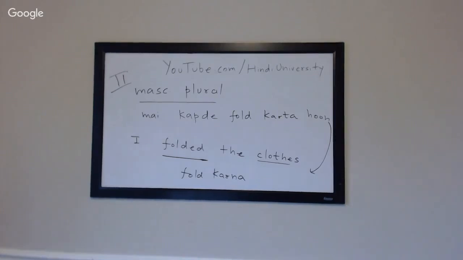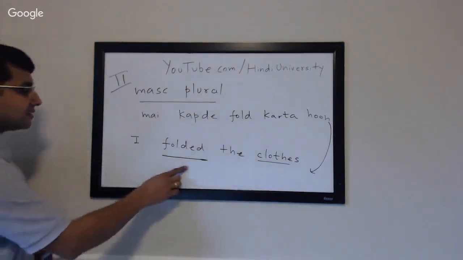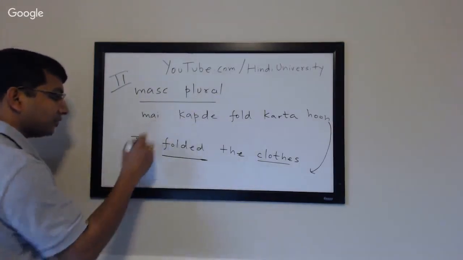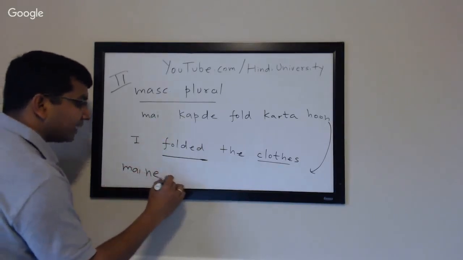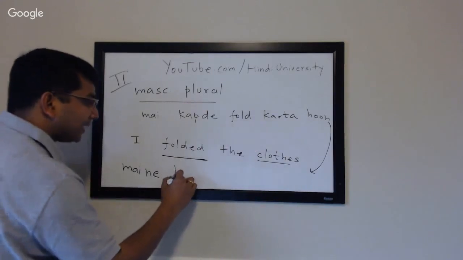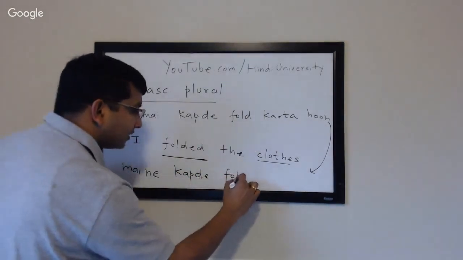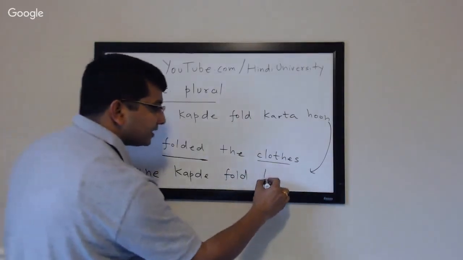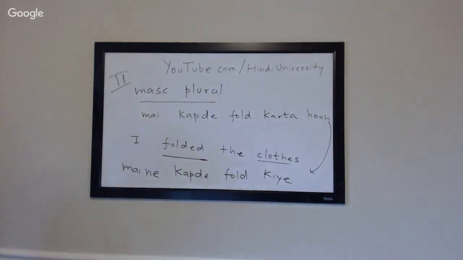The way you will say it is मैंने, as I said, in the past tense, especially with a transitive verb, you will put ne after the pronoun. So you say मैंने, and then you will use kapde as it is, and then fold, and then you will use kiye. मैंने कपड़े fold किए. Okay, so I hope this is clear and easy for you now.